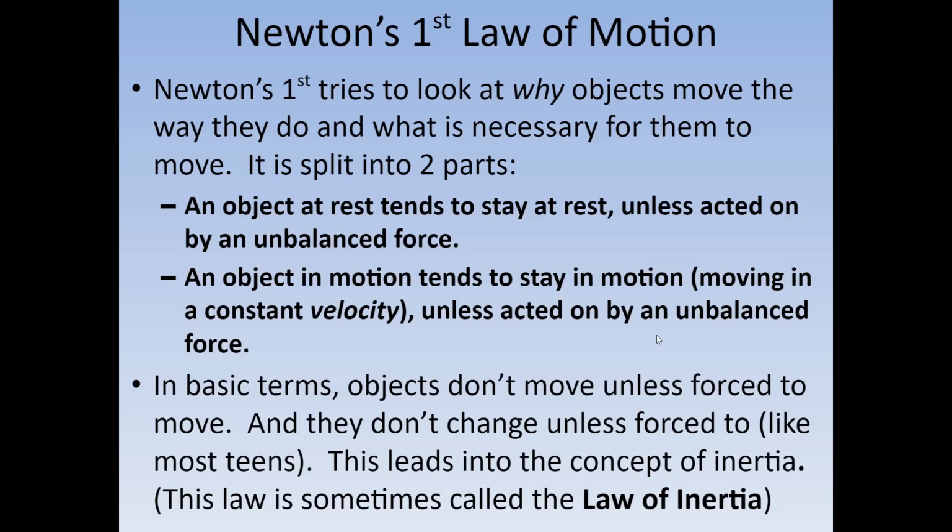If you push an object on a table and you no longer have a force applying to it, you'll notice that the object starts to slow down. So how does that contribute to this law? It's because there's a friction force acting on it, slowing it down. If it wasn't for friction, that object would continue moving forever and ever, moving in that straight line.